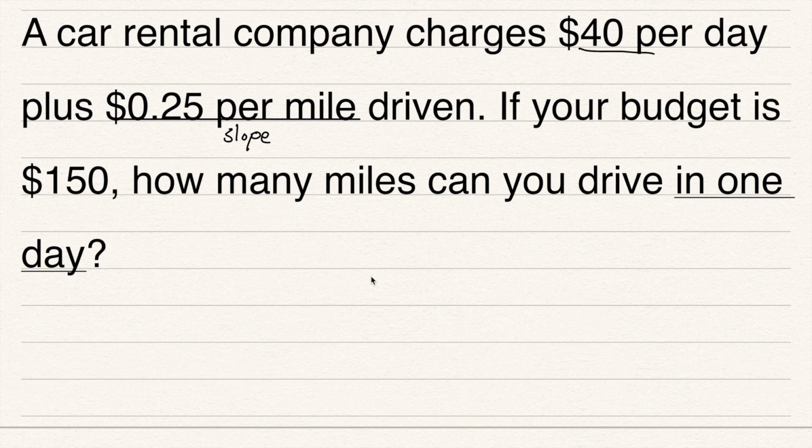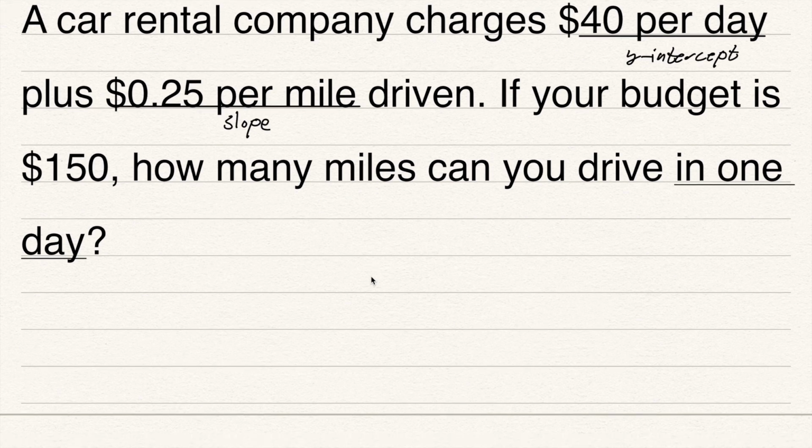The $40 per day, since we're only gone one day, is giving us our y-intercept. So we can use the form y equals mx plus b. So here, y is going to equal 25 cents times x plus 40.